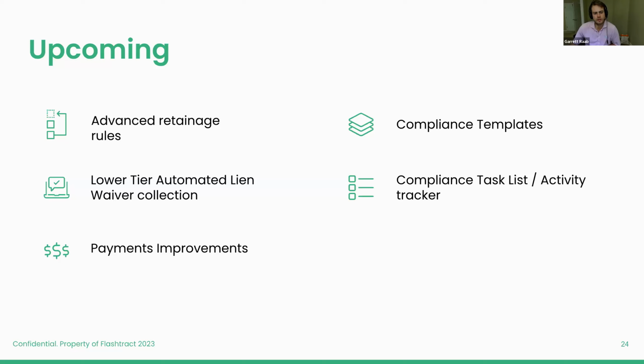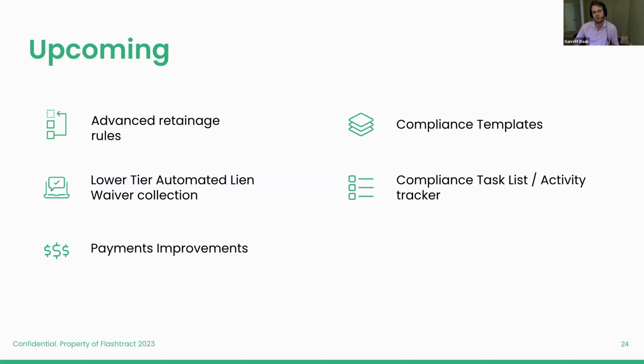Moving on to lower tier automated lien waiver collection. So this will tie back into the lower tier module that we demoed a few minutes ago. And the purpose of this enhancement is to allow your company to set up a requirement around when you need certain lower tier waivers collected.